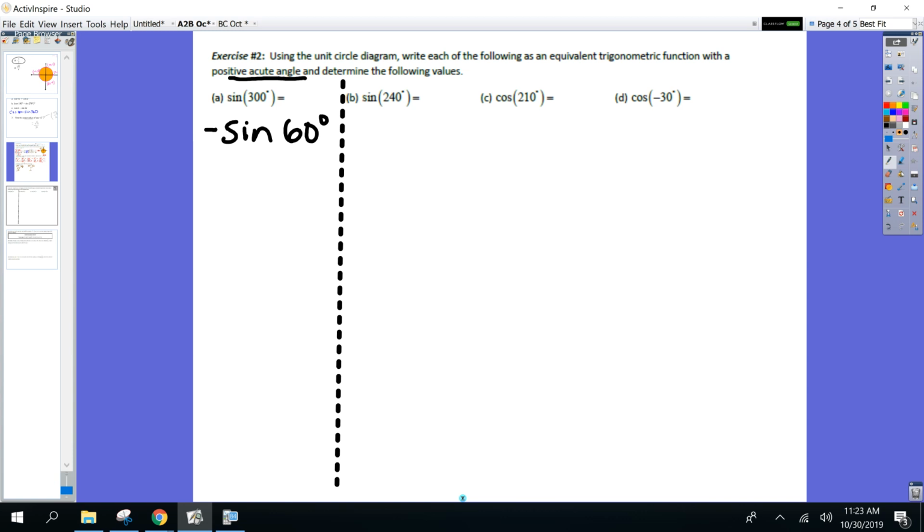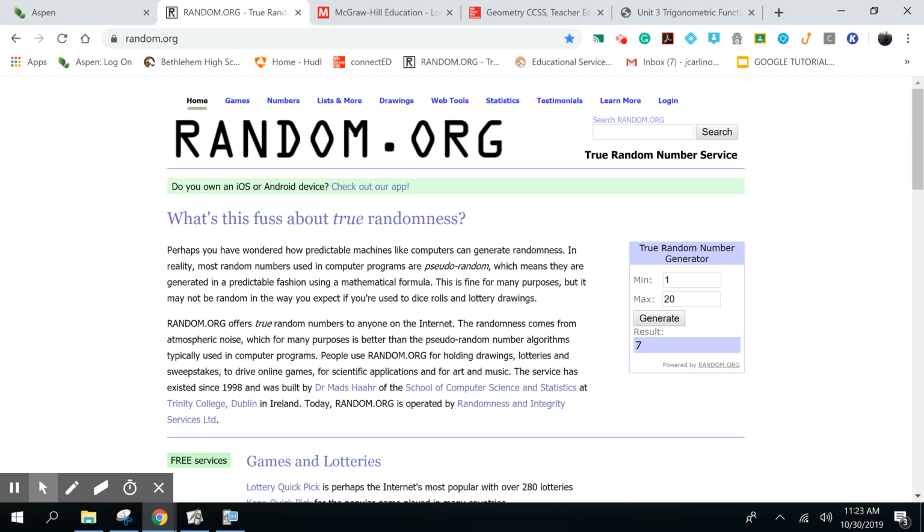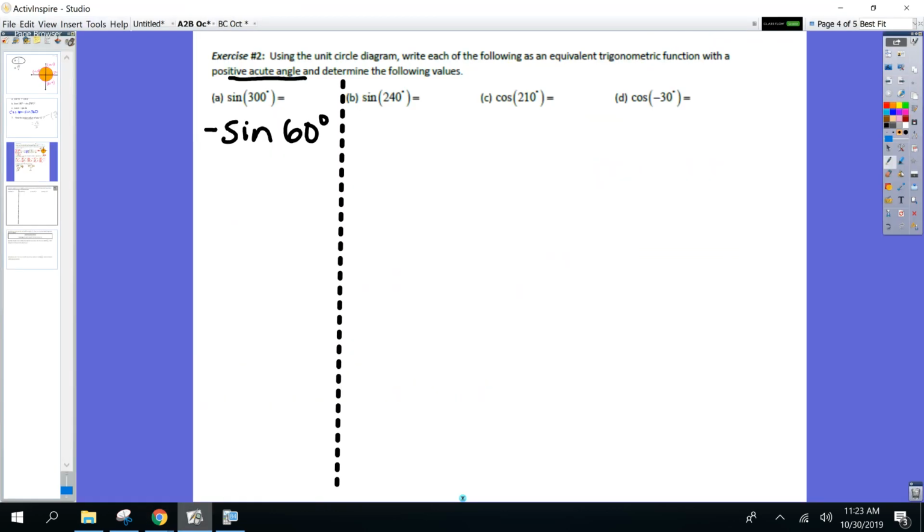So now we go to the unit circle. From yesterday, what is the coordinate at 60 degrees on the unit circle? Which coordinate do I want, and why?